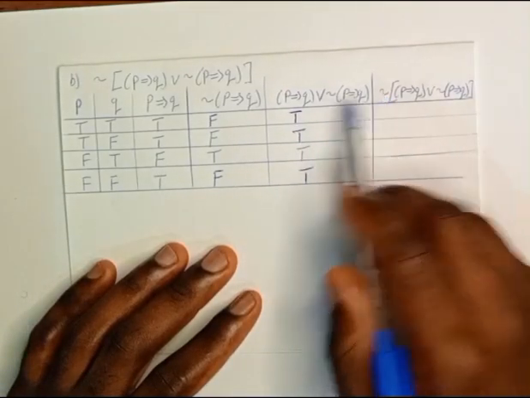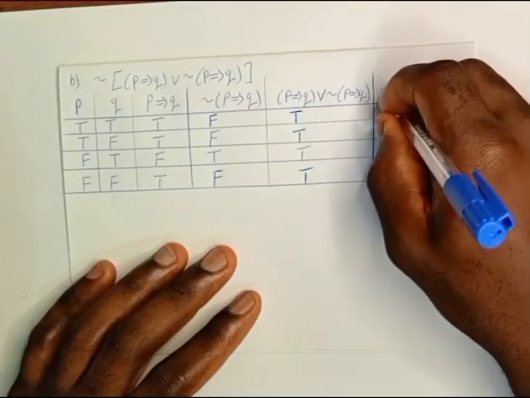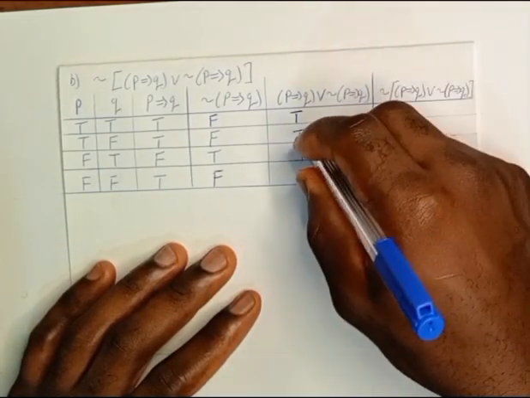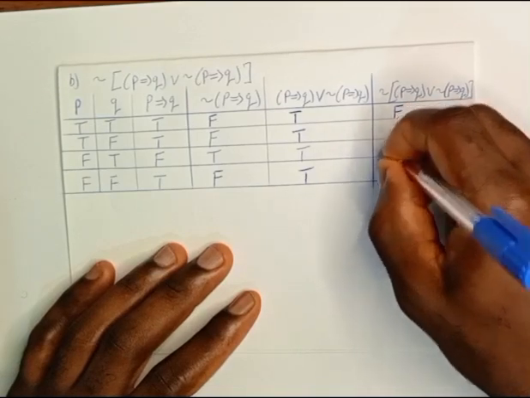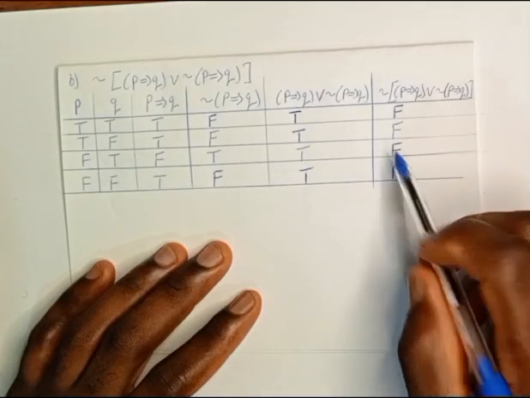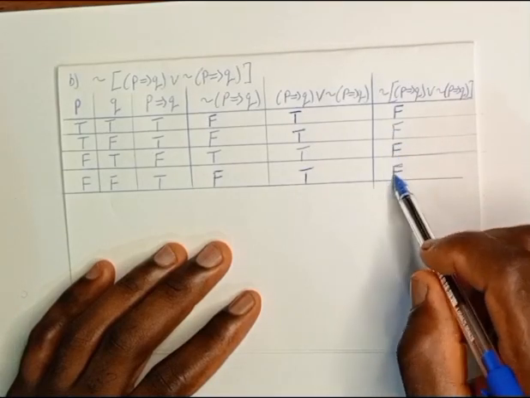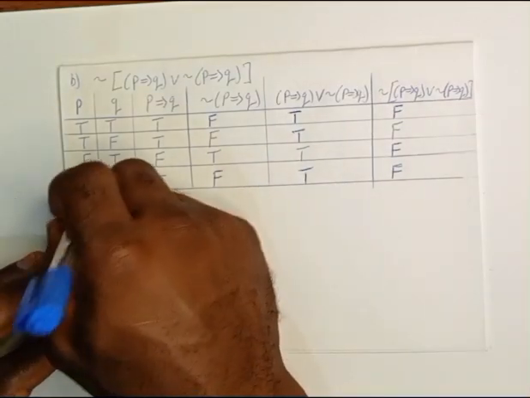Next, we have to take the negation of this. The negation of true gives us false, false, false, and lastly false. And this will give us false, false, false, false. We are done with B. We move now to C.